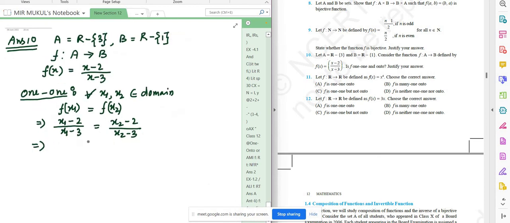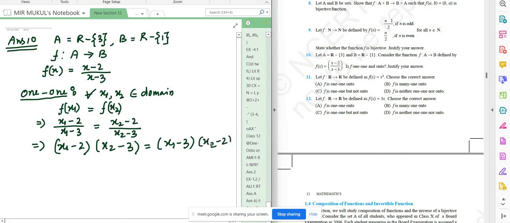Now cross multiply and check what we are getting. (x1 minus 2)(x2 minus 3) equals (x1 minus 3)(x2 minus 2).